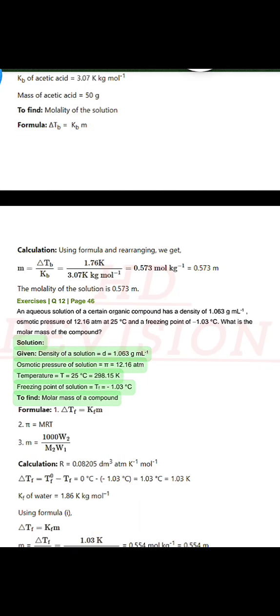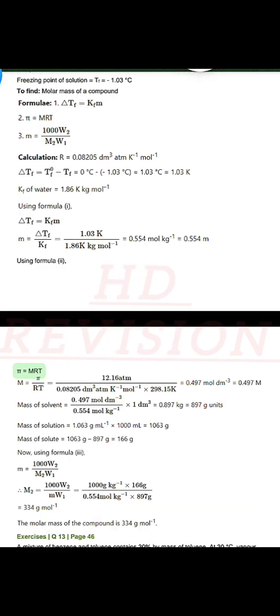Given density of solution D equals 1.063 grams per milliliter, osmotic pressure pi equals 12.16 atmospheres, temperature T equals 25 degrees Celsius equals 298.15 K, freezing point of solution TF equals 8.03 degrees Celsius. To find molar mass of a compound, using formula pi equals mRT.